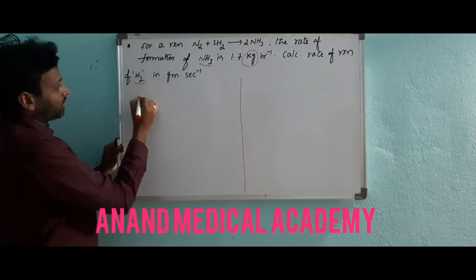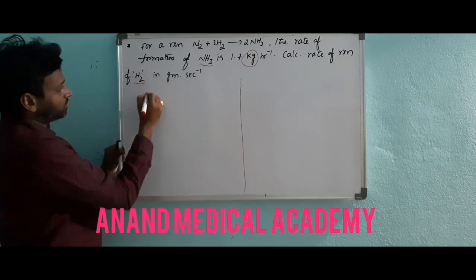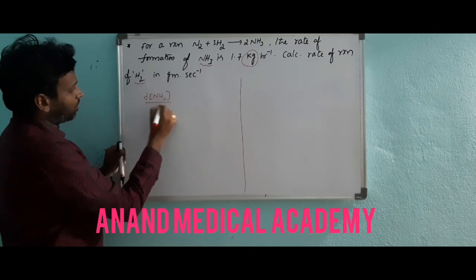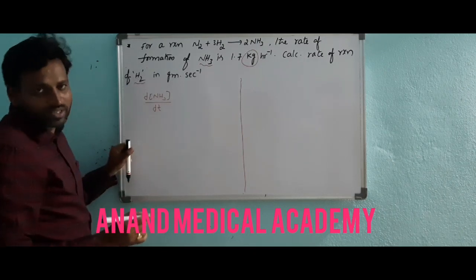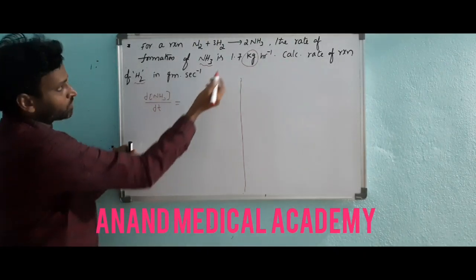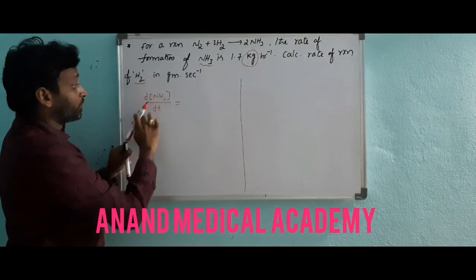What exactly is given? Rate of reaction, d concentration of NH3 by dt. This they have given. It is equal to, just this only is given, sir, 1 by 2 is not taken.